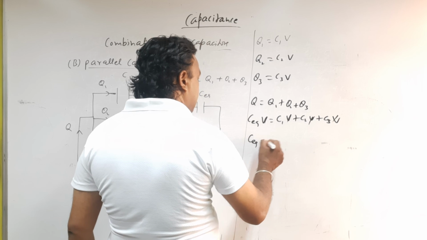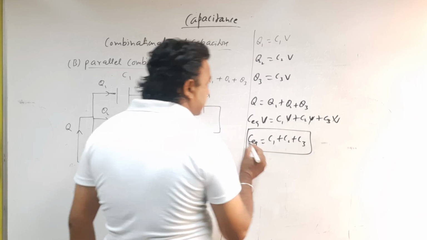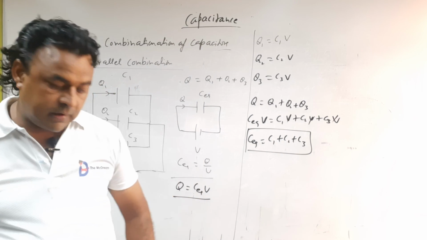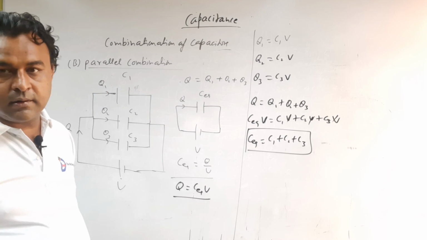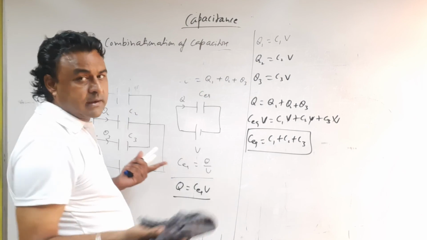So C equivalent equals C1 plus C2 plus C3. This is the combination, series as well as parallel, right? We can do very simple examples on this.